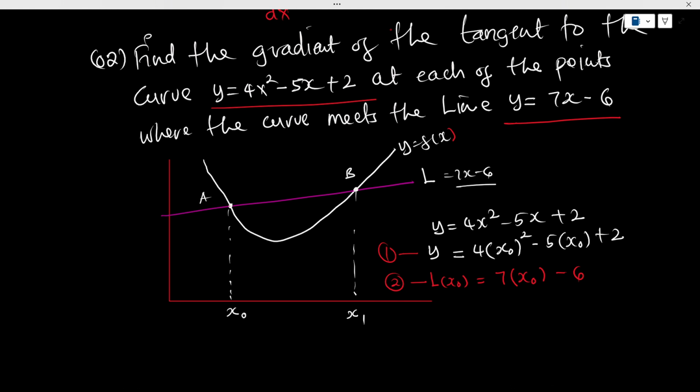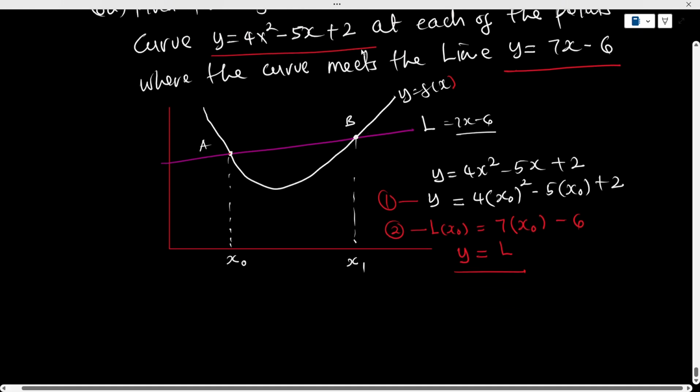Since this is the same point, I'm expecting my y value to equal the line value. In other words, I'm expecting the value of this curve at point A to be equal to the value of this line. The same will apply to B.